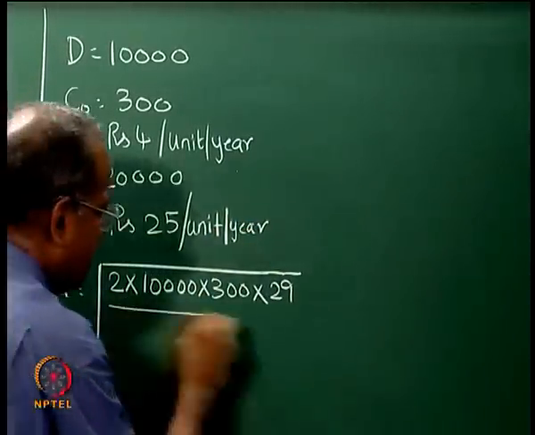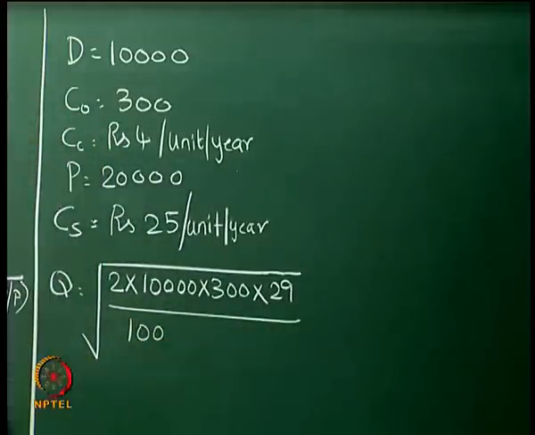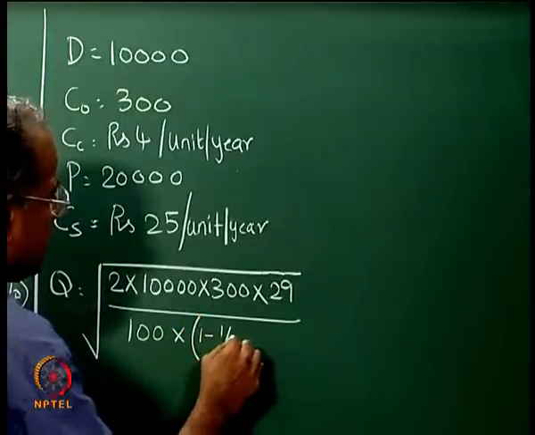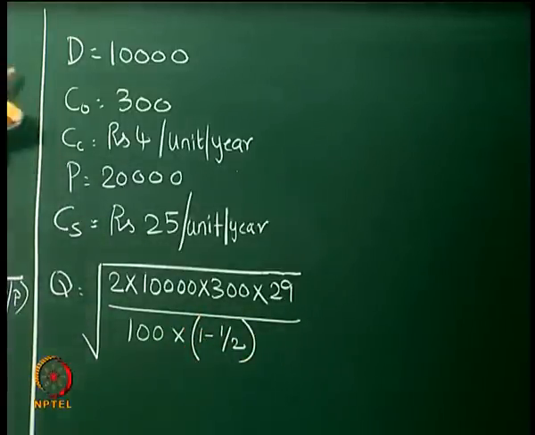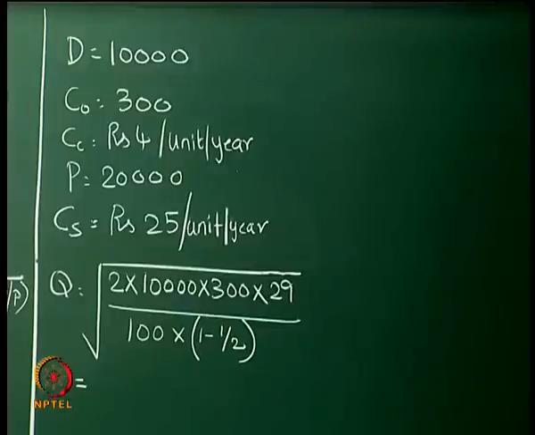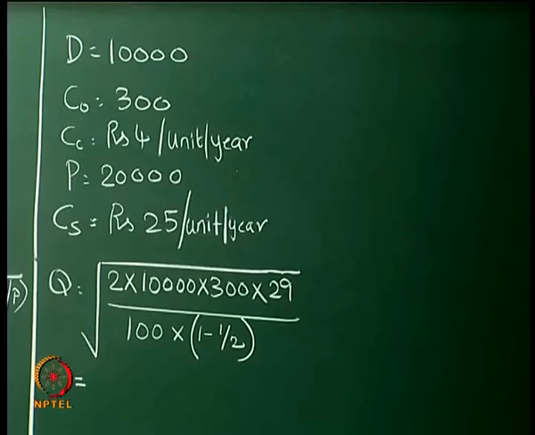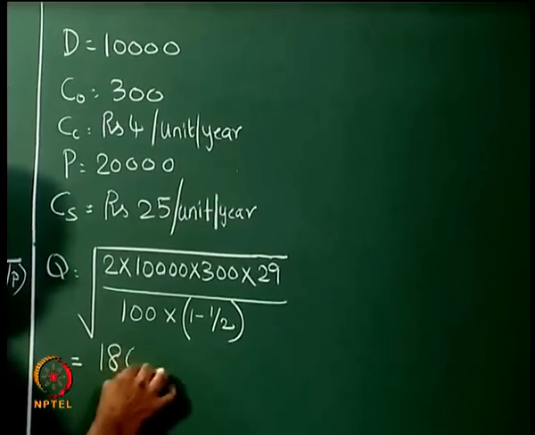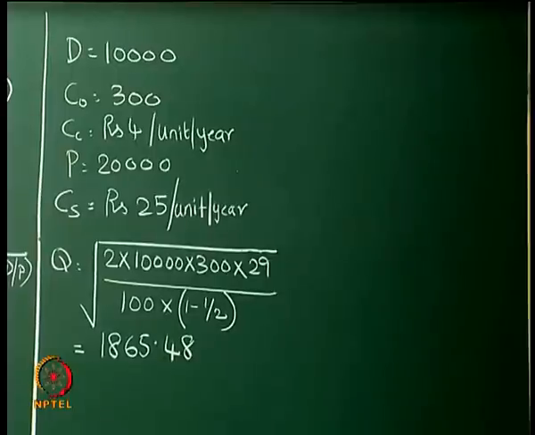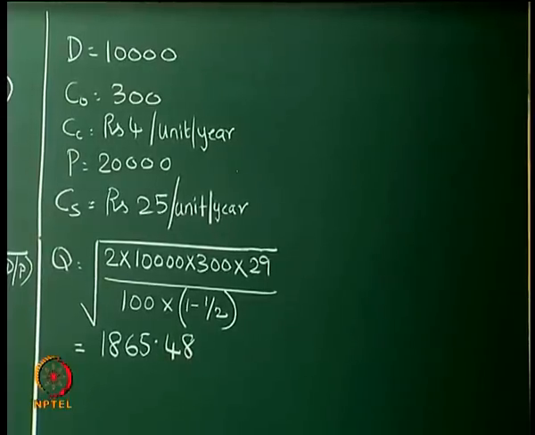CC plus CS divided by CC into CS, which is 100, 25 into 4, into 1 minus D by P, which is 1 minus 10,000 by 20,000, which is 1 minus half. So, this on simplification would give us a value of 1865.48.